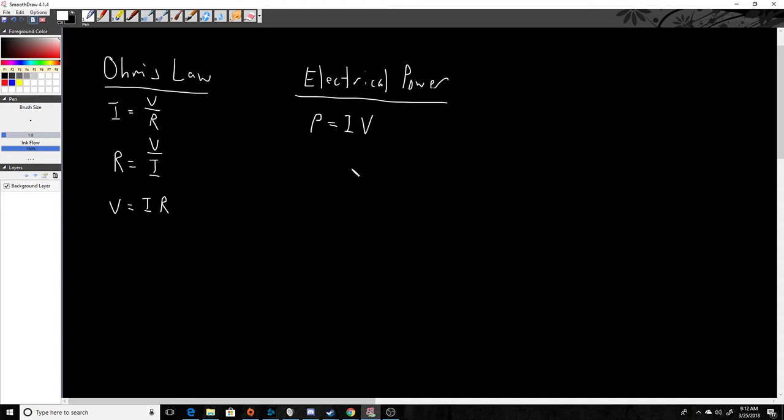Once again, current will be in amps, voltage is in volts, or sometimes you'll see voltage as the electromotive force. To me, they're just the same thing. This equation is still very basic, and power is still in watts.